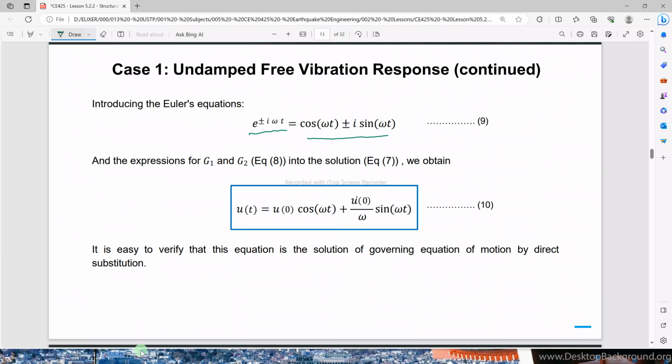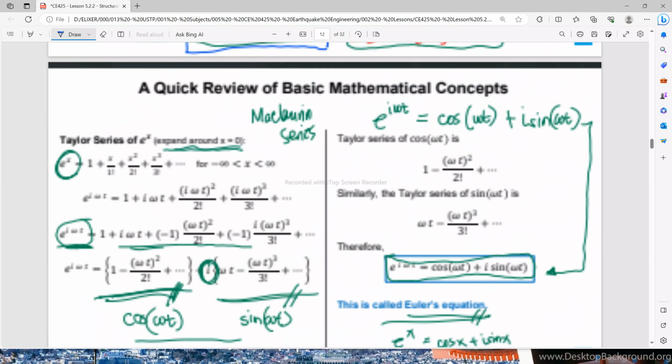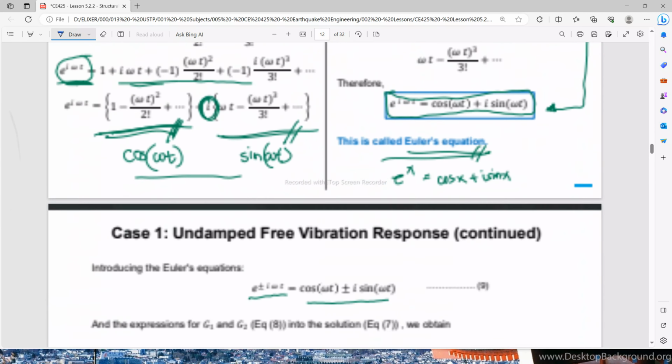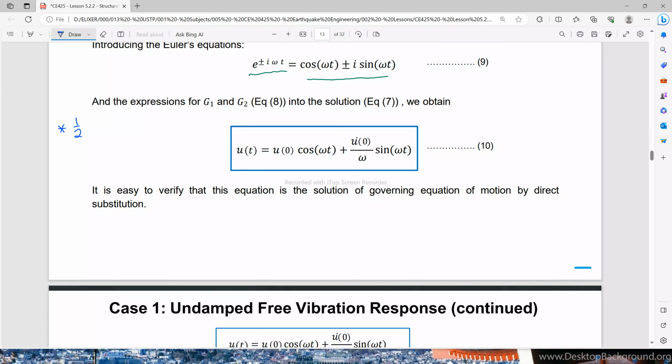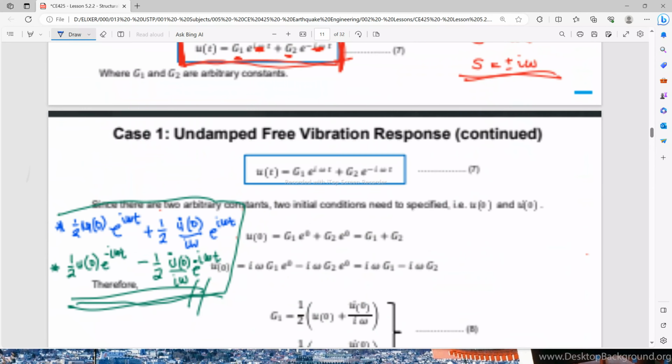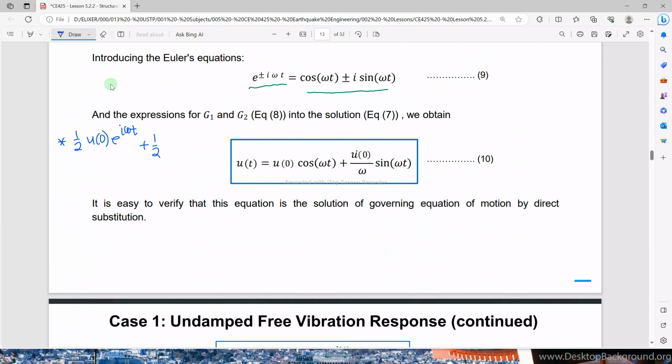For the first part, we have one half u of 0 e to the i omega t, plus one half u dot of 0 over omega e to the i omega t.